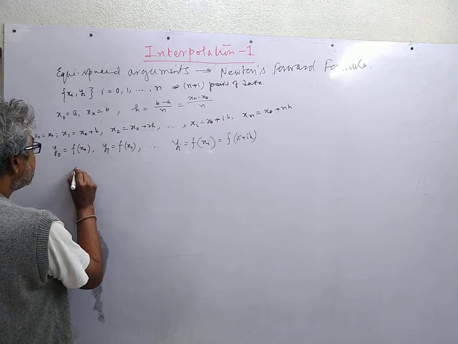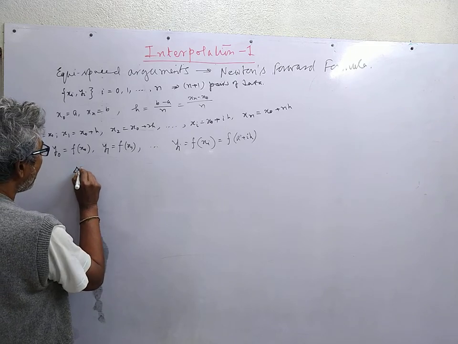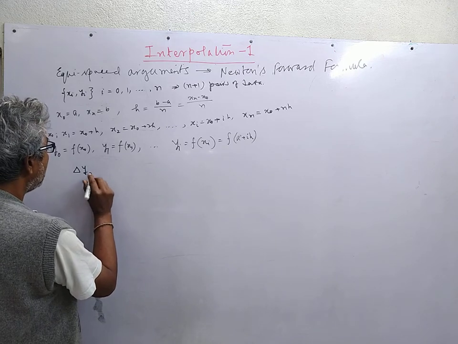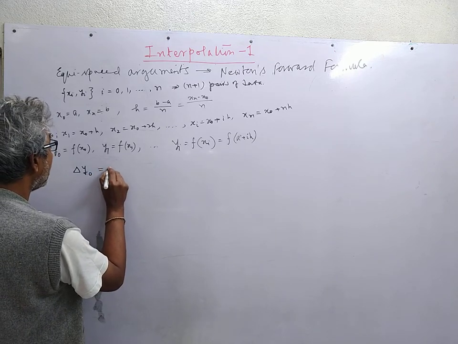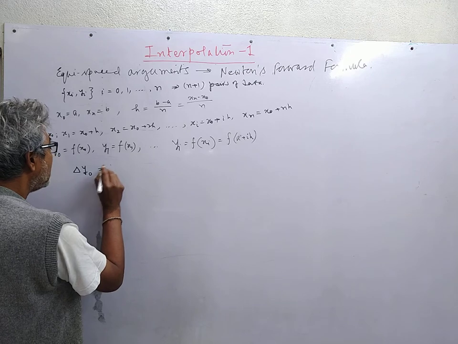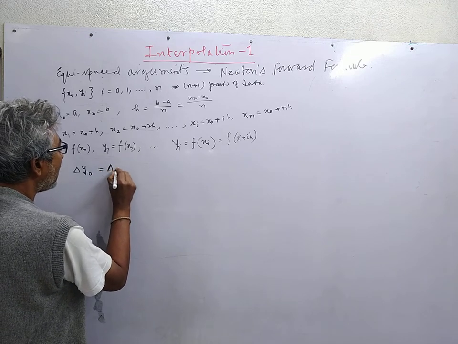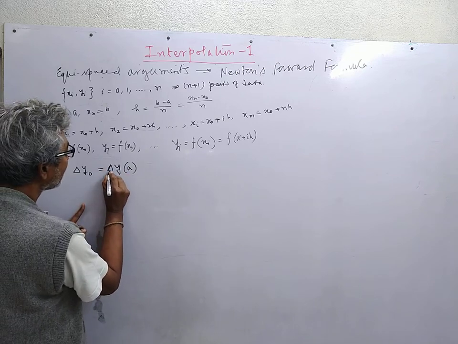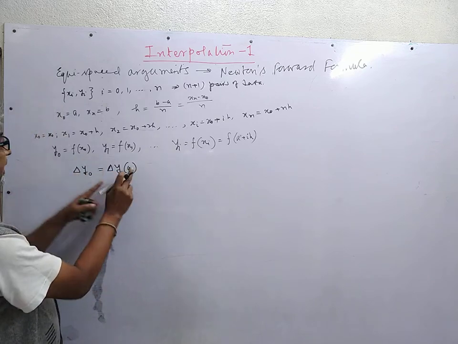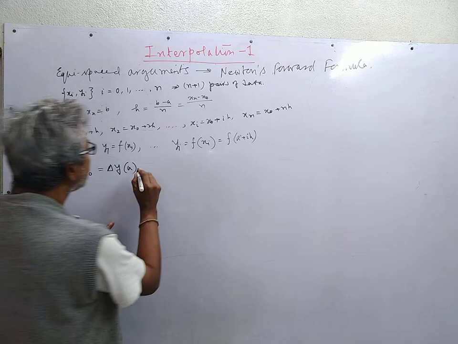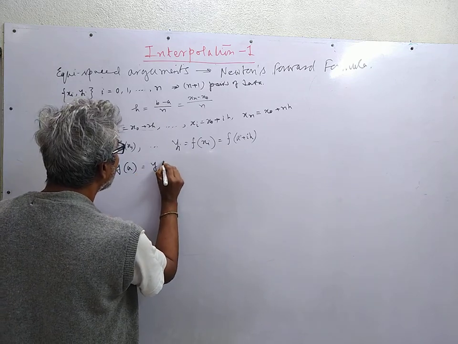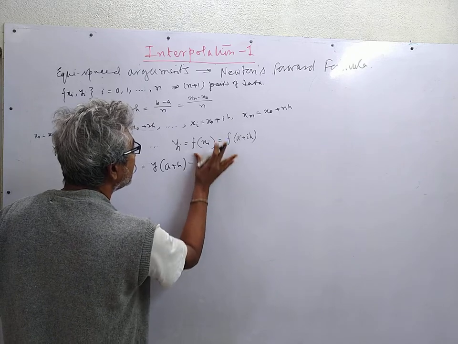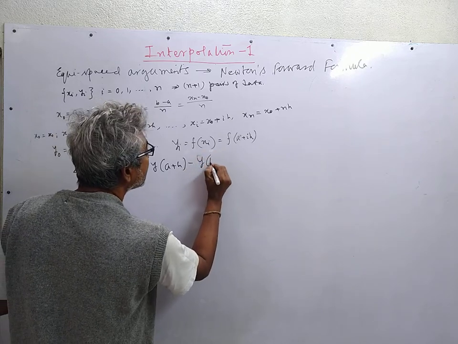We call delta of y0, for equispaced intervals, we define as y at a plus h minus y at a. Delta of y0 means y at a, where y0 means y at x equal to a.